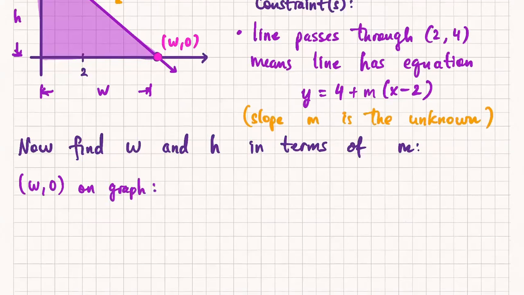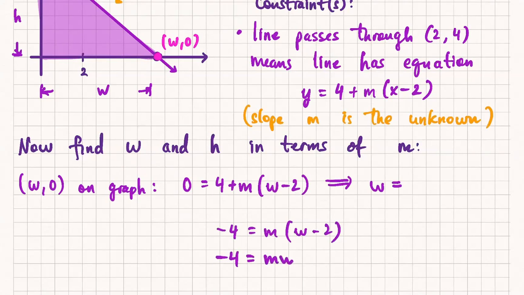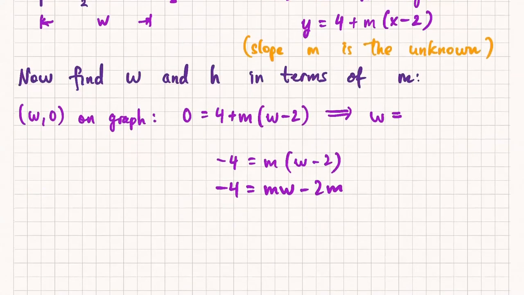So (w, 0) being on the graph means what? That 0 equals 4 plus m times (w minus 2). So solving for w gives me what? Negative 4 equals m times (w minus 2). I want to solve for w in terms of m, so negative 4 equals mw minus 2m. So w equals (negative 4 plus 2m) over m.